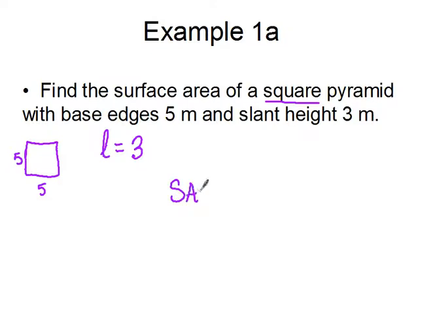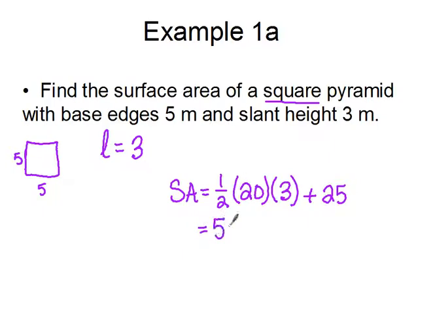So we do surface area equals 1/2 perimeter of the base, so the perimeter of the square would be 20, times the slant height, which is 3, plus the area of the base, and the area of the square is 25. So we do 1/2 of 60, which is 30, plus 25, we get 55 meters squared. Alright? A lot to take in.